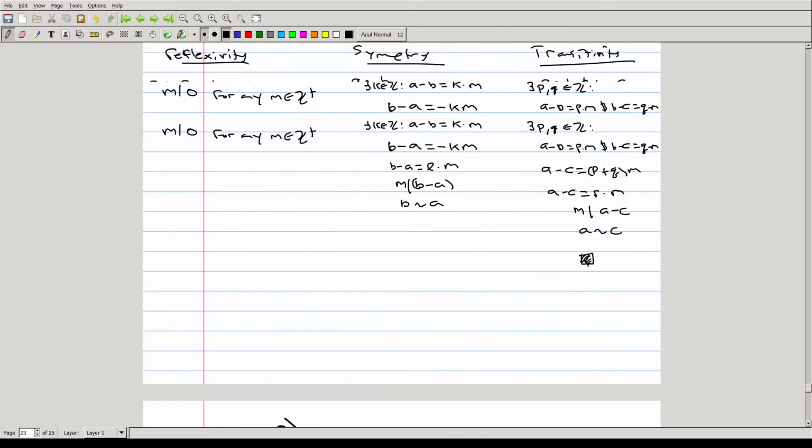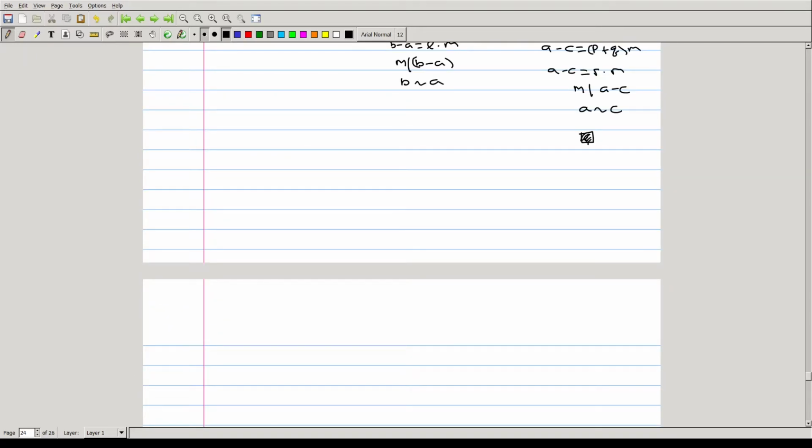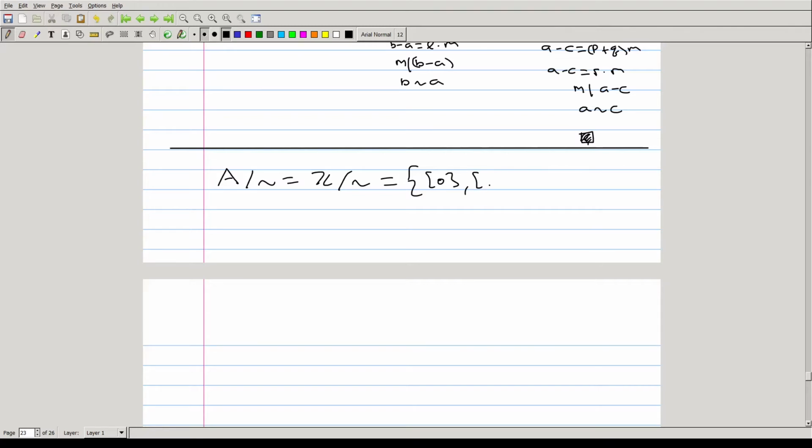And so if we directly look at the quotient space, Z mod the equivalence relation, this is the set of the equivalence class of 0, the equivalence class of 1, the equivalence class of 2, and so on, all the way up to the equivalence class of m minus 1. And this is the general case.